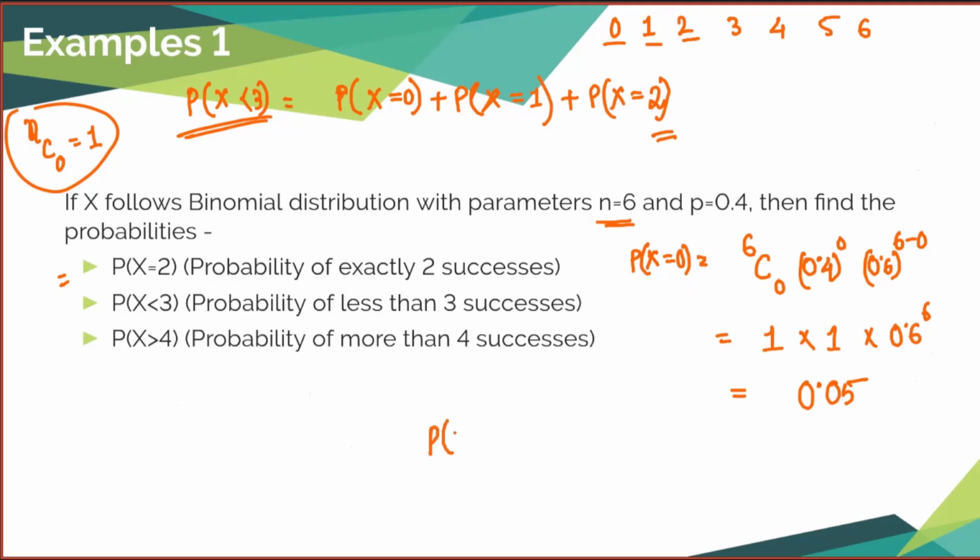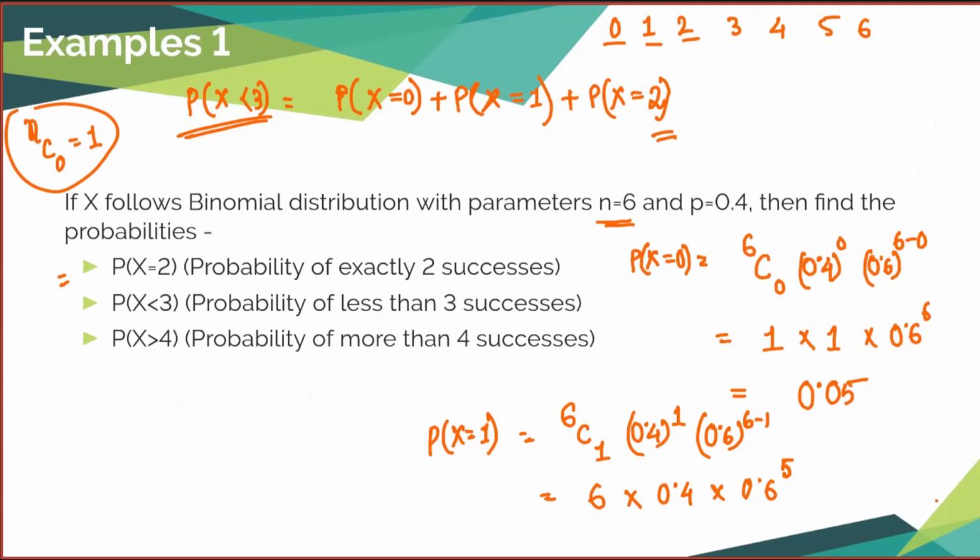The probability of x equal to 1 will be equal to 6C1 because we have to change the value of x. Then 0.4 to the power 1 and 0.6 to the power 6 minus 1, right? So this is equal to 6C1 will give you the value of 6 into 0.4, right, into 0.6 to the power 5, right?